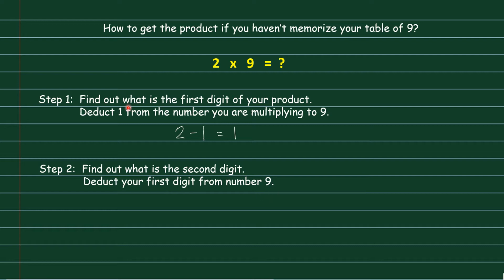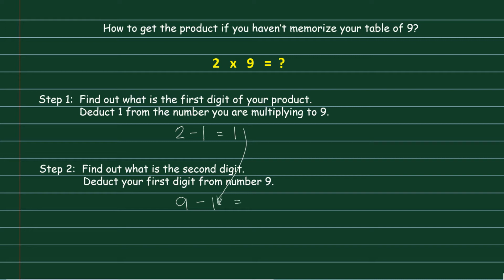Okay, so we got already our first digit. So our first digit was number 1. Okay, so let's deduct that from 9. 9 minus 1. Okay, this is the number 1. Dito natin kinuha yung number 1. 1 is our first digit.